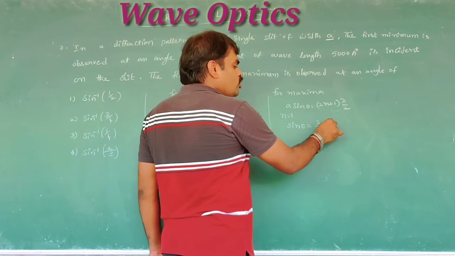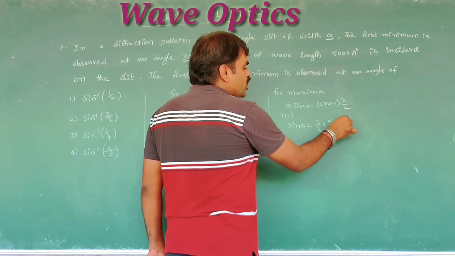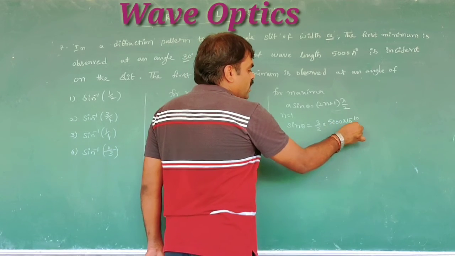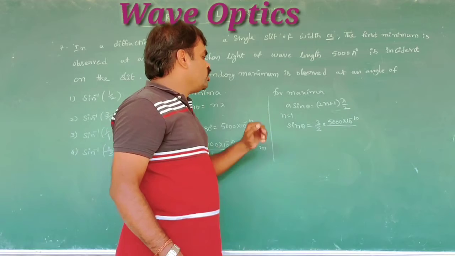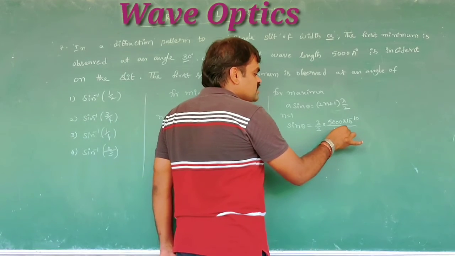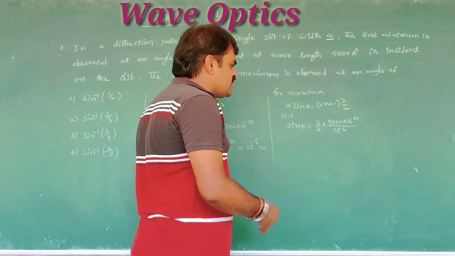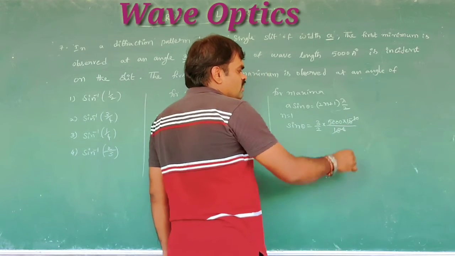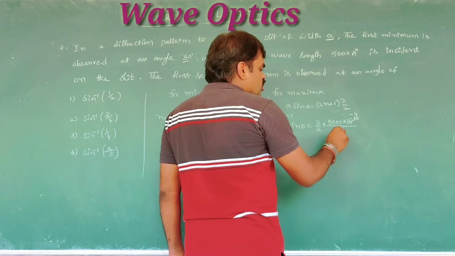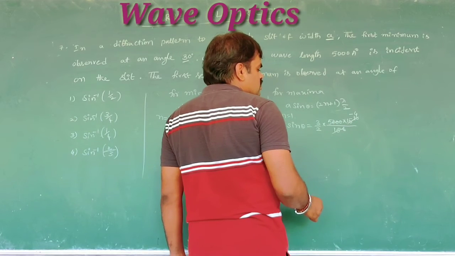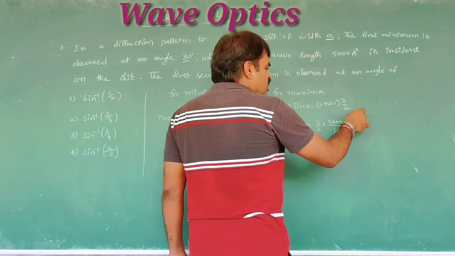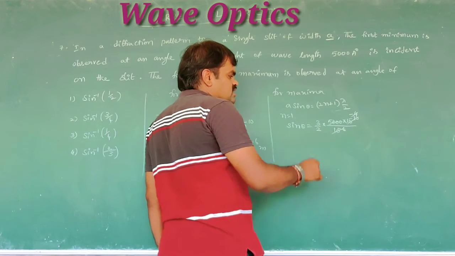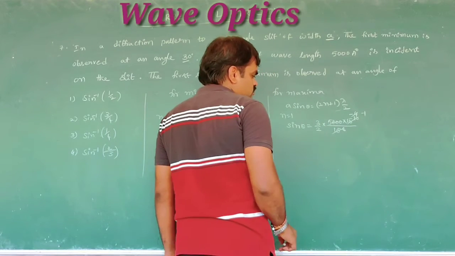What is the lambda? 5000 into 10 to the power of minus 10 by, here the A value is 10 to the power of minus 6. Then cancel here, minus 4, 3 zeros, and here 3 zeros cancel, meaning here minus 1.